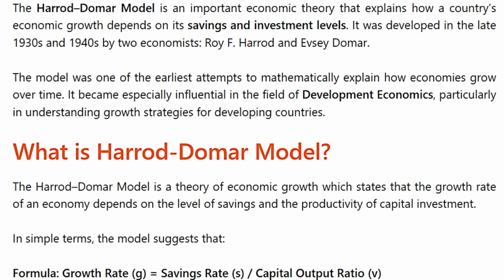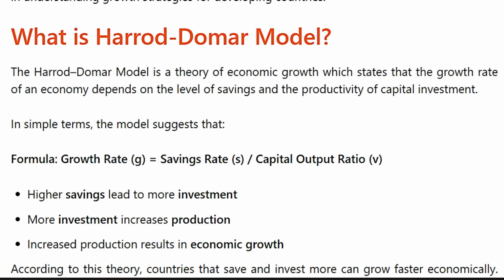What is the Harrod-Domar model? The Harrod-Domar model is a theory of economic growth which states that the growth rate of an economy depends on the level of savings and the productivity of capital investment. In simple terms, the model suggests the formula: growth rate, G, equals savings rate, S, divided by capital output ratio, V. Higher savings lead to more investment.